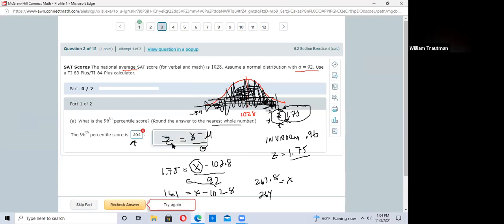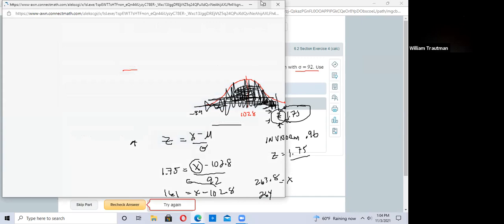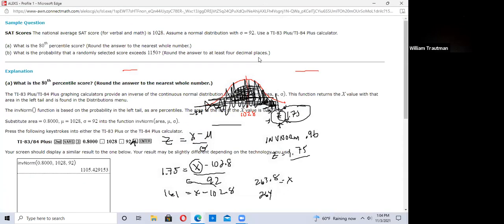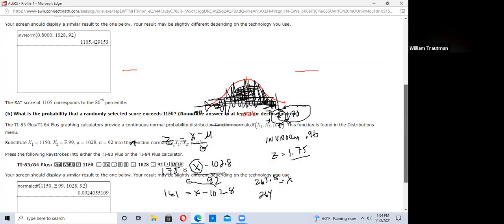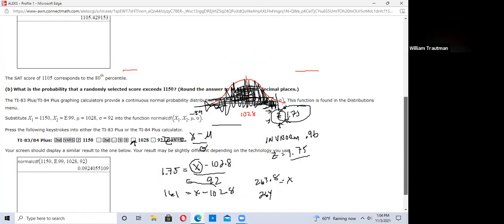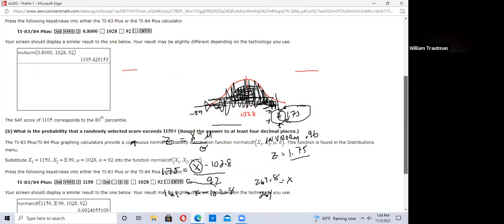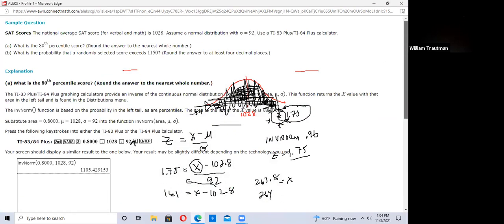And it's wrong. So we're going to go to show an example. I'm thinking if you're in the top 96%, that should have been it. Oh, wait. Okay, hang on. This is, what is the 80th percentile score?